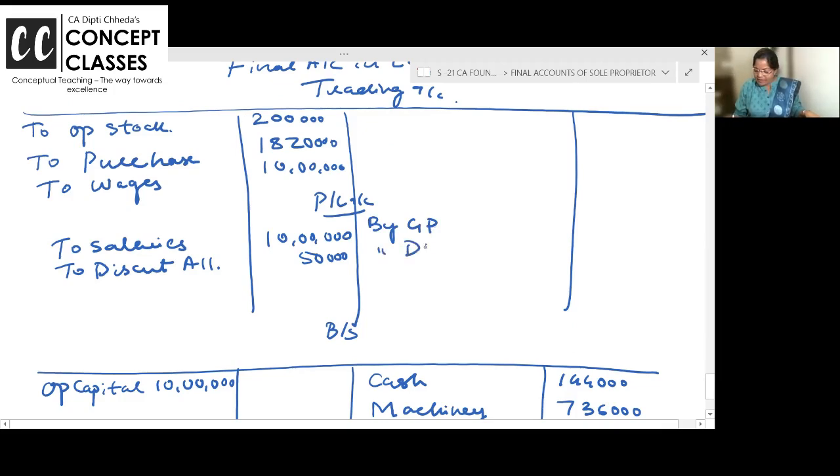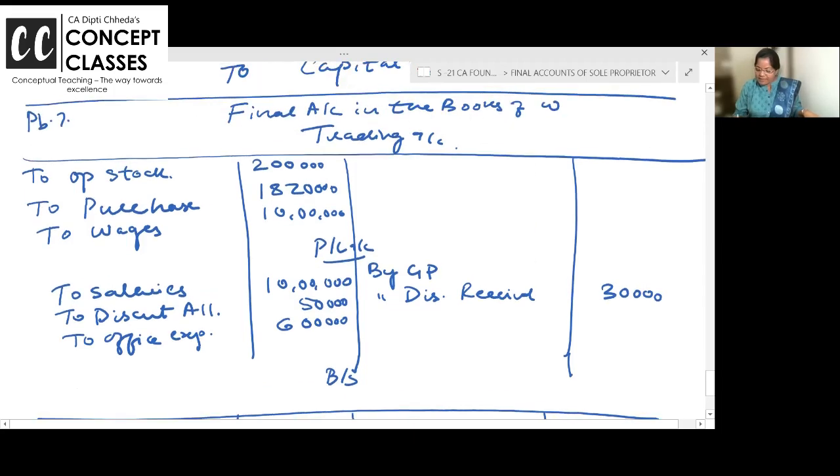Then we will write the discount received, 30,000. Office expenses 6 lakh. Sales 50 lakhs.